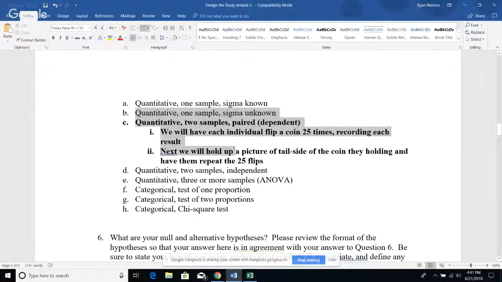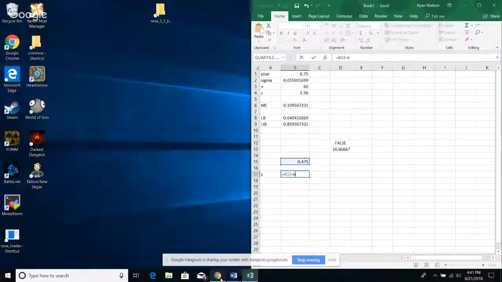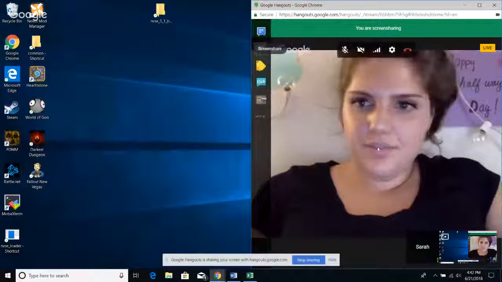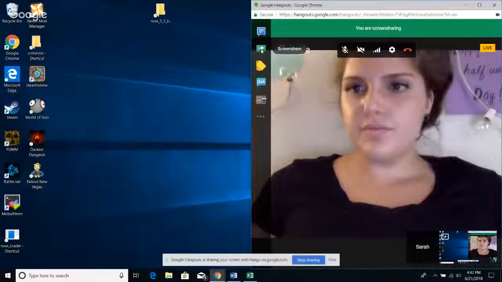The only difference between the t-score and the z-score is that for the t-score, we need to specify our degrees of freedom. But when we're dealing with z-scores, we're dealing with the normal distribution, so we're totally good. So long-winded, but there's your review.